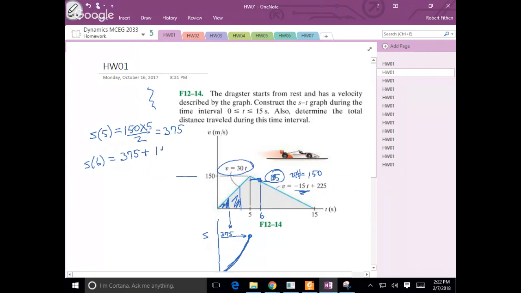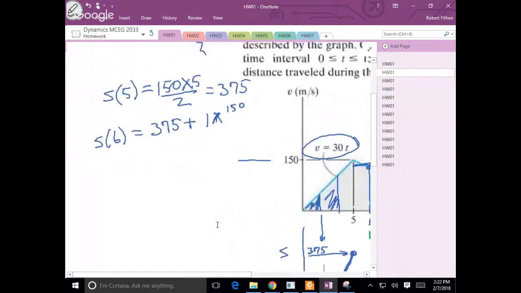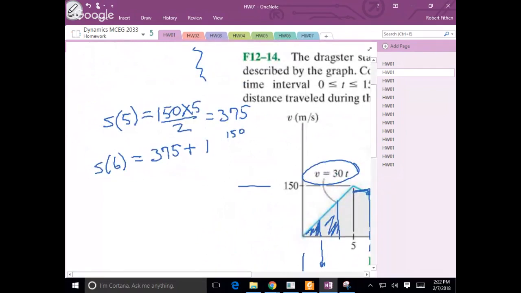So I would say 1 times this average, which will be 150 plus 135 over 2. The reason that's the way it is, is because you're looking at a strip of area that's added to the triangle already.